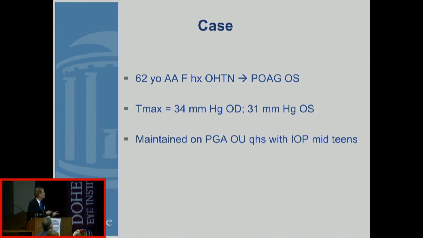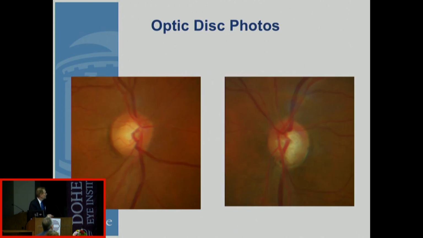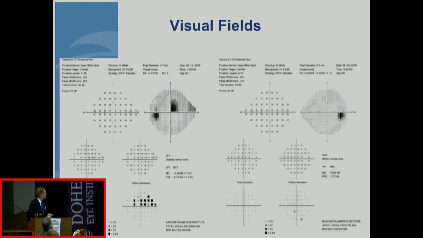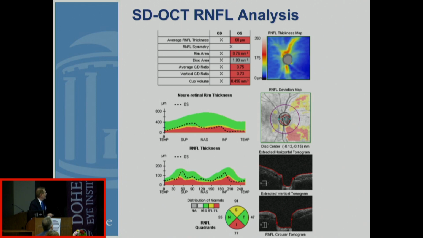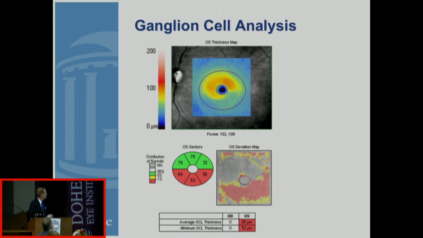So here's a case of a patient who converted from ocular hypertension to glaucoma with elevated pressures initially. Prostaglandins maintain the pressures in the low region, and this left eye has a focal thinning of the neuroretinal rim with a corresponding visual field defect in that affected left eye, and large areas of retinal nerve fiber layer loss that shows up on our deviation plot and pie charts, as well as thinning of the GCIPL.